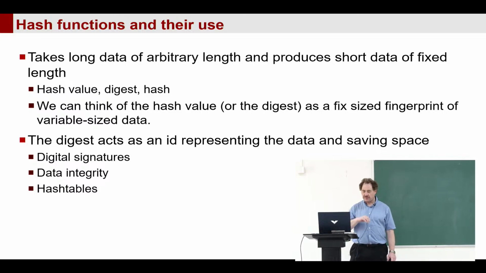It can be hash value, hash code, digest, sometimes even hash itself. So the terminology is varied, but usually it doesn't create any confusion. We can think of the hash value or the digest as a short fixed-size fingerprint over large variable-size data.